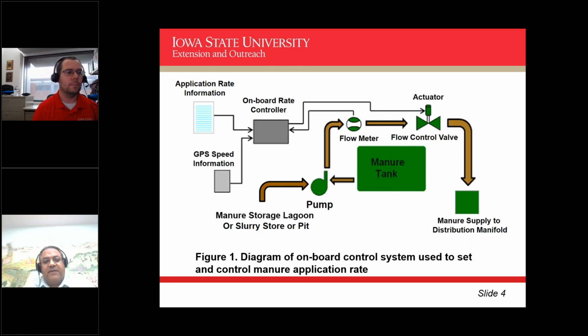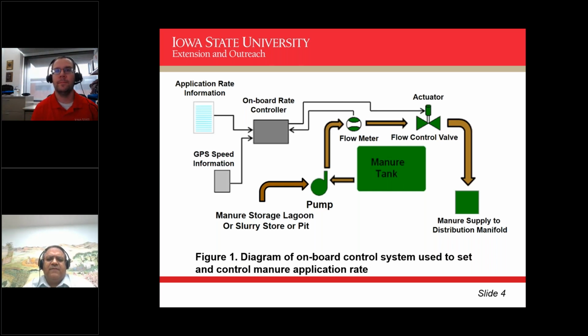It decides what application rate we are using. That information gets passed on to the flow meter and the actuator, which are then controlling the manure getting pumped from the manure tank and passing it on to the distribution manifold. So this all happens in the hydraulic flow of manure before it actually gets to the distribution manifold at the end.